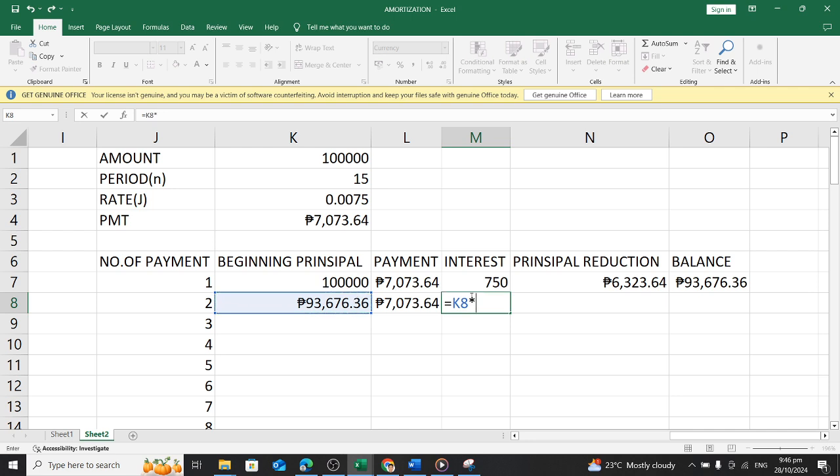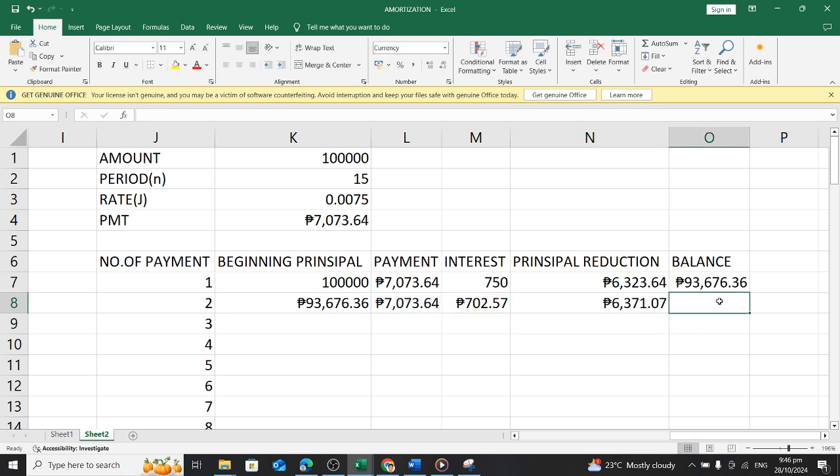that multiplication, or times, or that star, and then click our rate. Again, don't forget to put the dollar sign. That implies that our rate is constant so it won't change. Equals. Again, to get our principal reduction, class, just subtract the payment. So equals payment minus our interest.